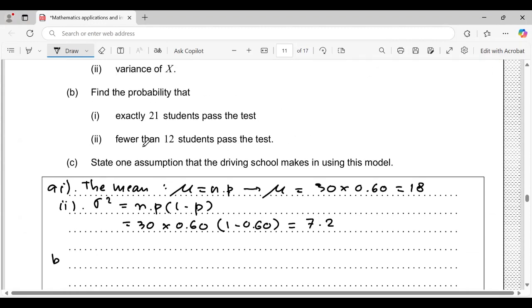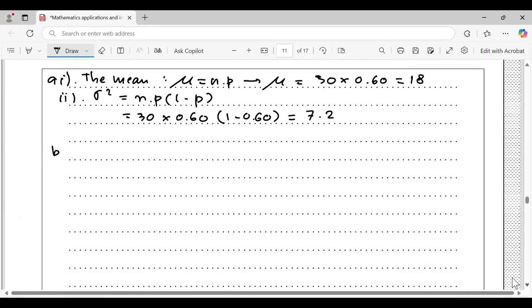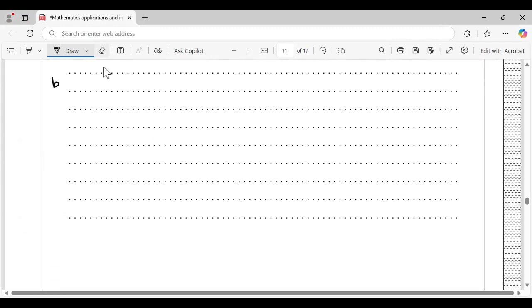B. Find the probability that exactly 21 students pass the test, and fewer than 12 students pass the test. Part 1.